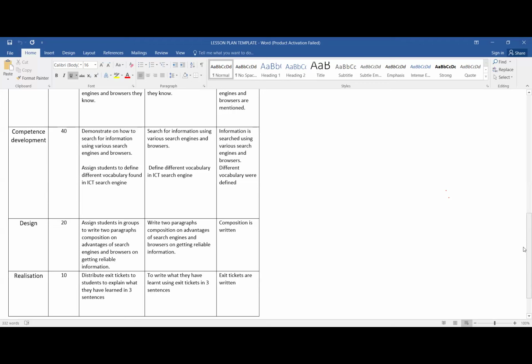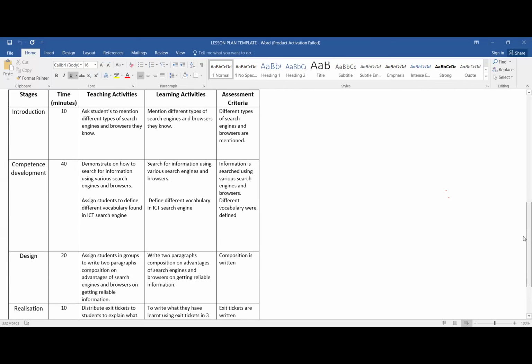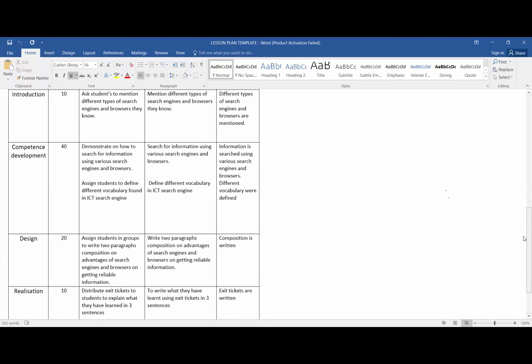And then after that, you assign the students to write a composition in the learning activities. You're going to see now, write a 2-paragraph composition on advantages. So in assessment, you are going to see the composition which is written.